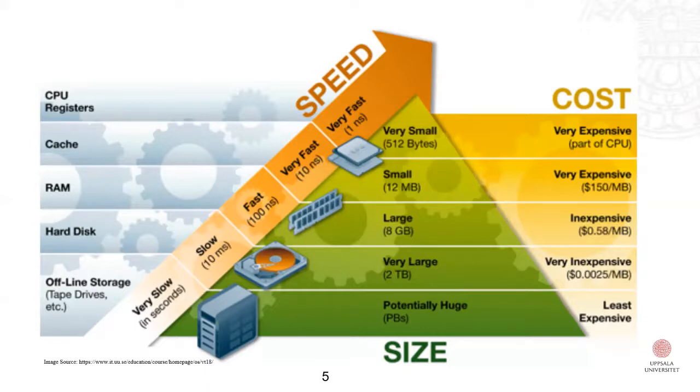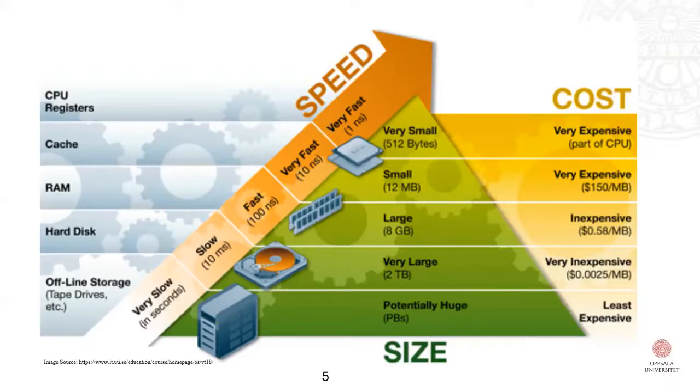After this comes cache, which is still expensive, but less expensive than registers, and it is fast and yet small. And then comes your RAM that in current computers can be as big as 16 to 32 gigabytes, but still it is much smaller than your hard drive.